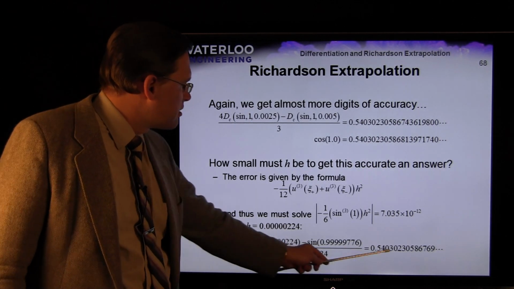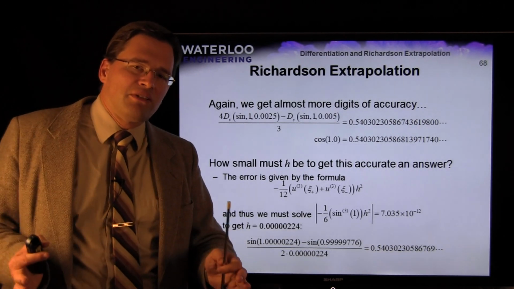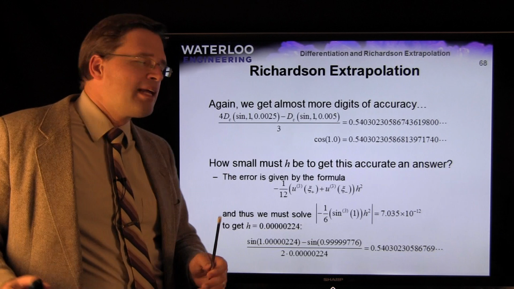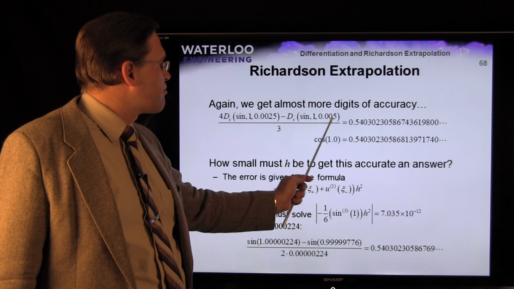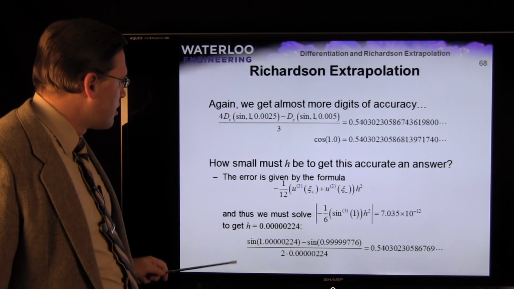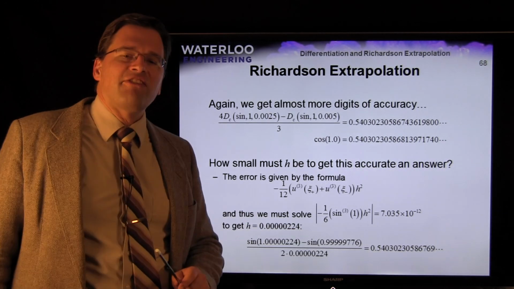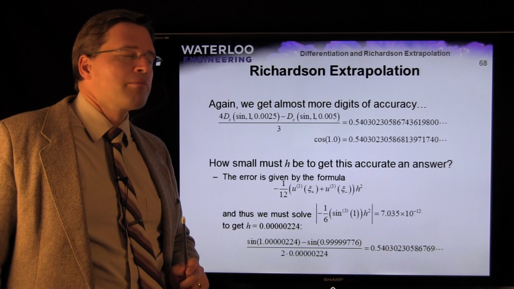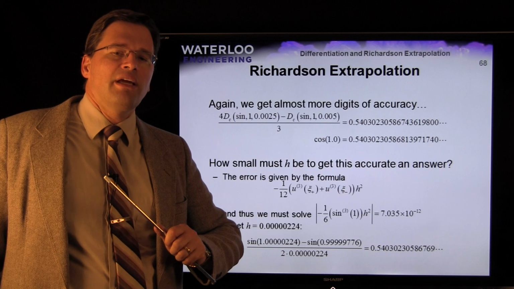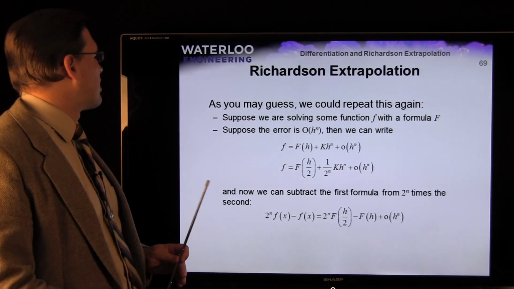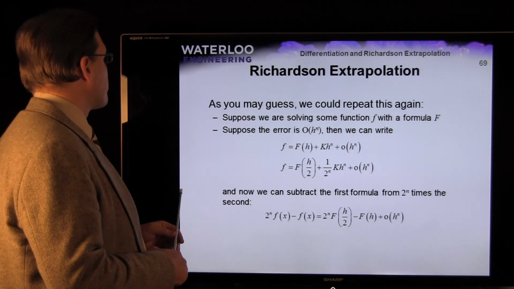If we wanted to use our base formula, our center divided difference formula, to get the same accuracy that we got here using values of h such as 0.005 and 0.0025, we would require a value of h as small as 7 times 10 to the negative 12. This uses significantly more subtractive cancellation, and in fact, this is beyond the point of subtractive cancellation. So we could not get that accurate an answer just using the formula.